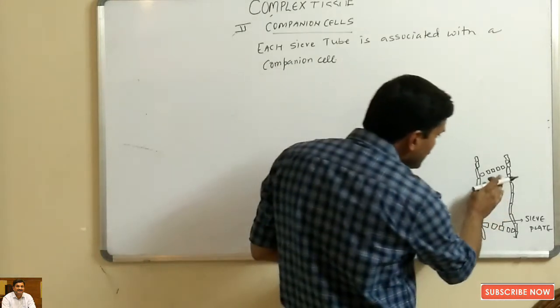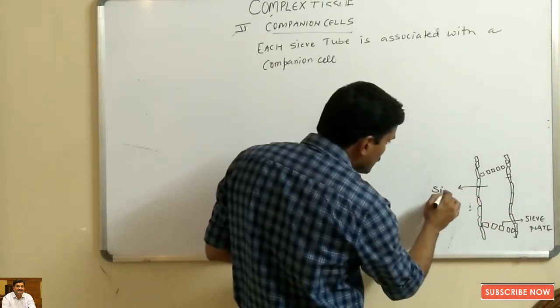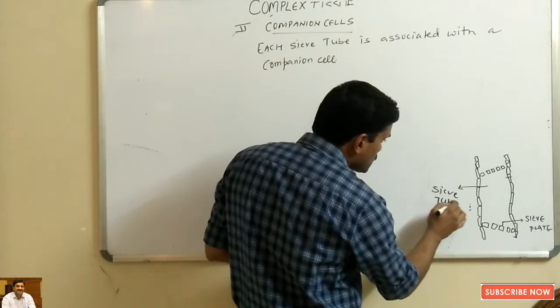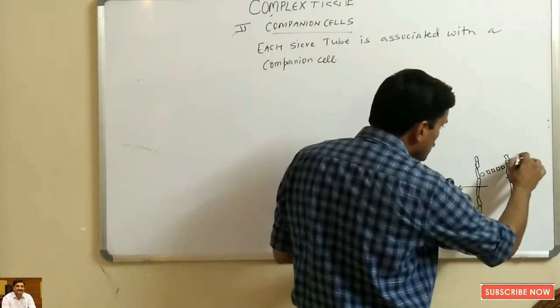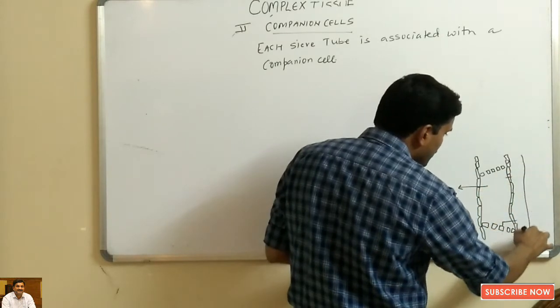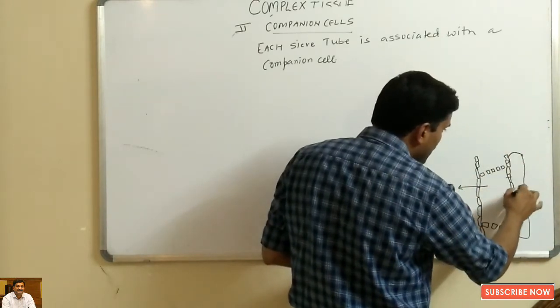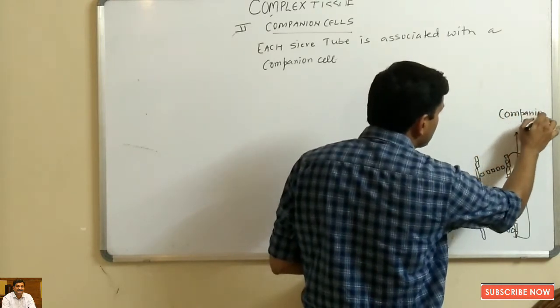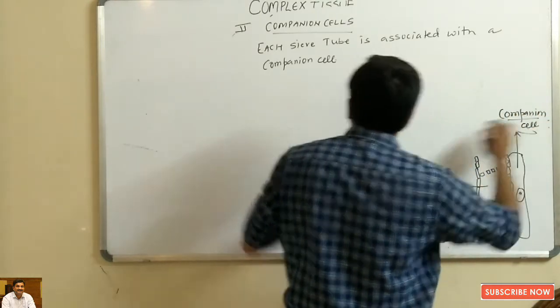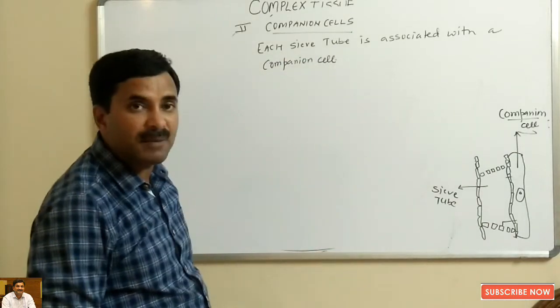Say this is a sieve tube, and associated with this sieve tube is present a companion cell. So this is a companion cell.